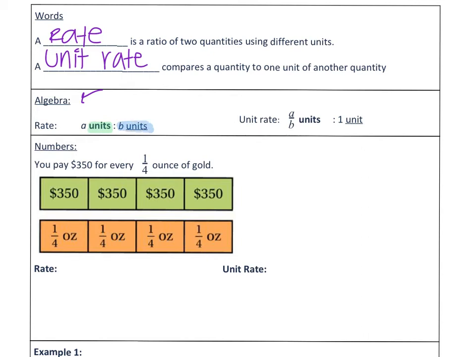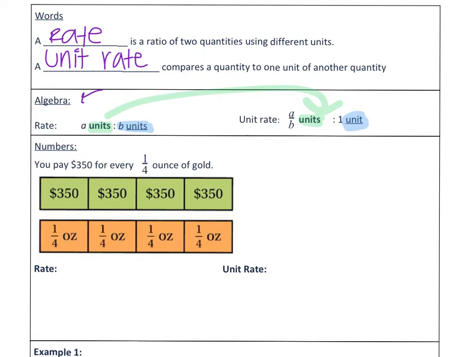Okay, so kind of just like a normal ratio, A compared to B. And then unit rate is A over B, so A divided by B. Notice that the green ones are together, so whatever the first unit is goes with the fraction. And then B units, that unit is the 1, okay? And we kind of practiced this when we simplified or reduced ratios.